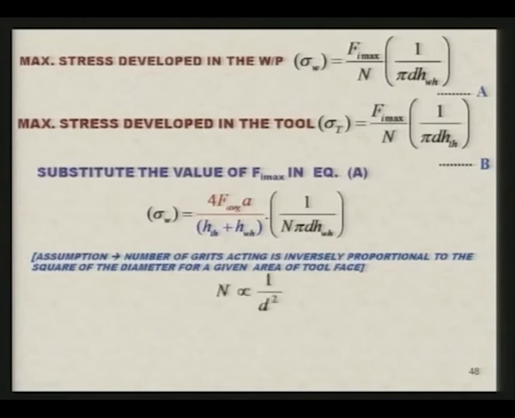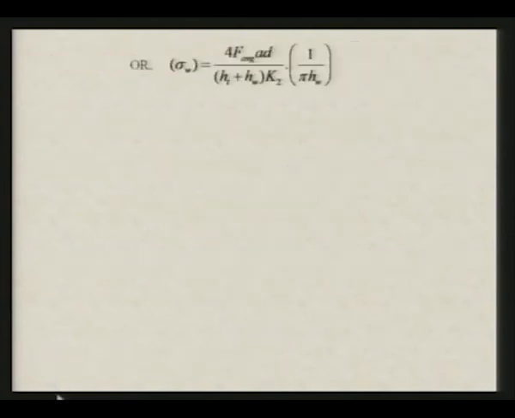Then N becomes proportional to 1 by d square, or N equals K2 divided by d square, where K2 is the constant of proportionality. Or you can write sigma_W is equal to 4 F average A d divided by (h_T plus h_W) into K2, whole of it multiplied by 1 over pi h_W.